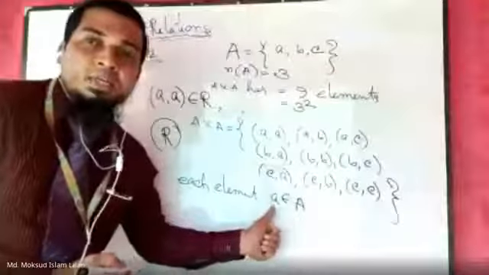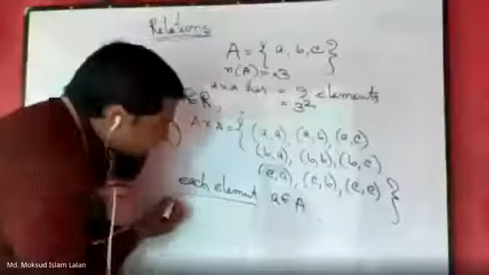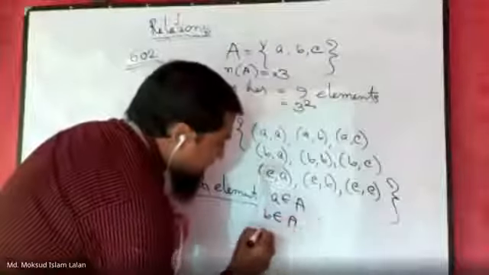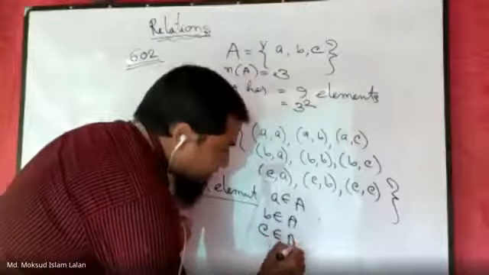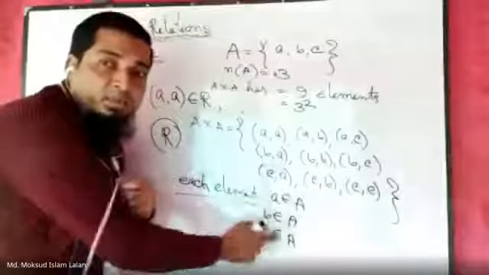How many elements are here? Three elements: a, b, c. So each element means a belongs in A, b belongs in A, c belongs in A, right?